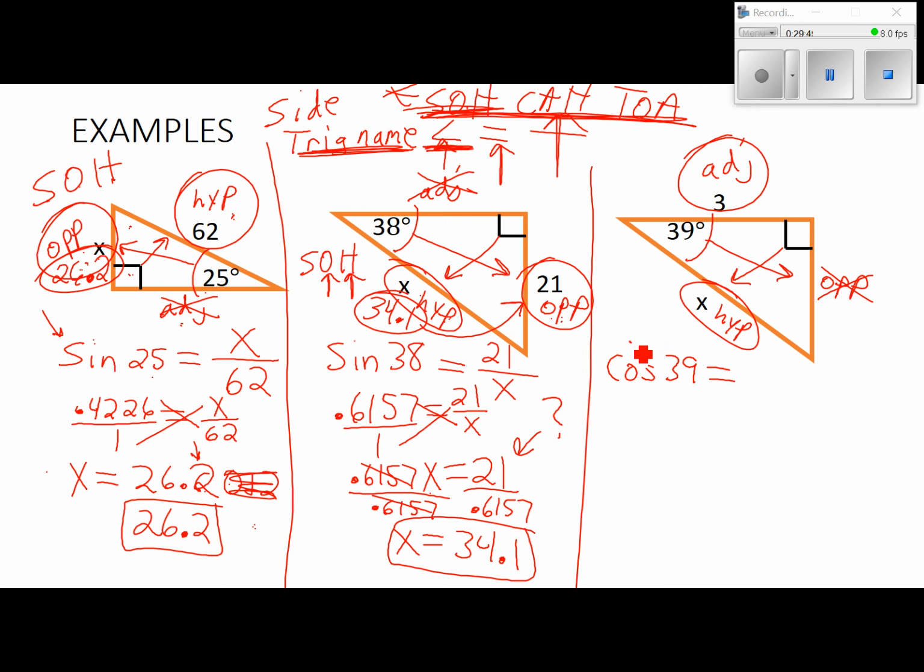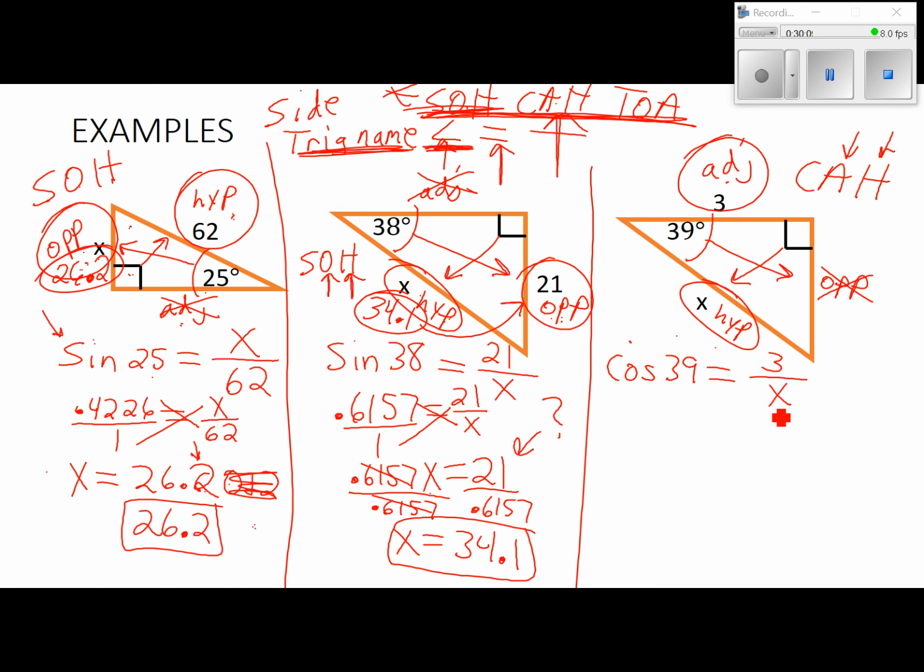every time, name, sine, cosine, or tangent, the angle, equals, and then the fraction. This time it's adjacent over hypotenuse. So adjacent, which is 3, over the hypotenuse, which is x.